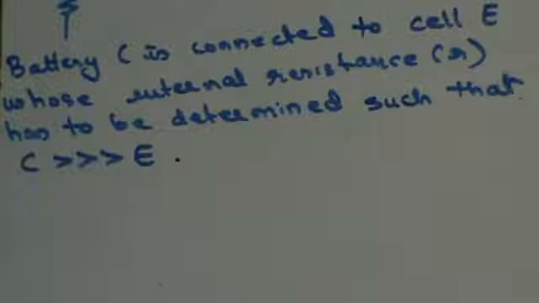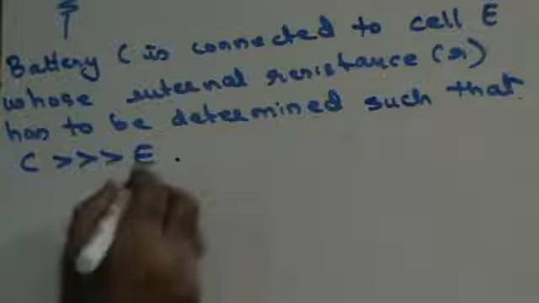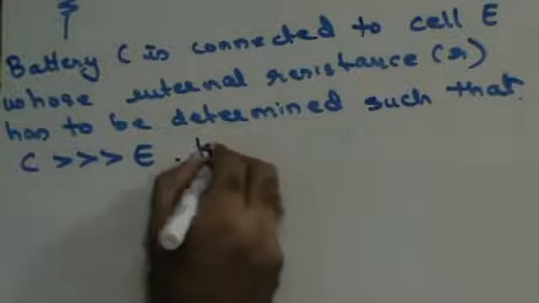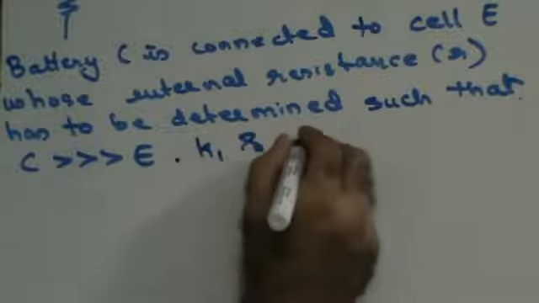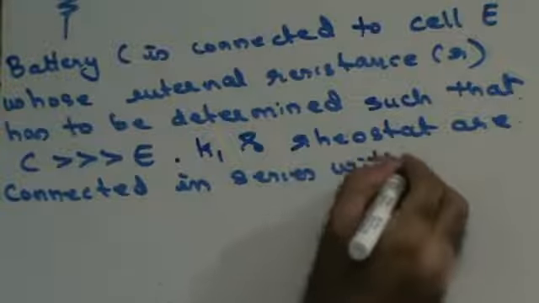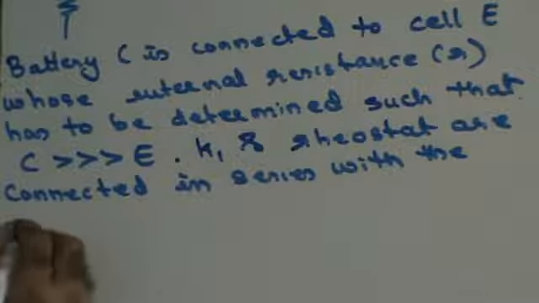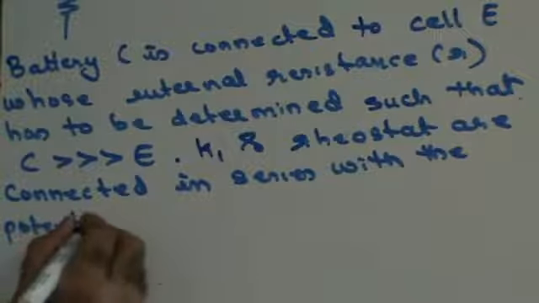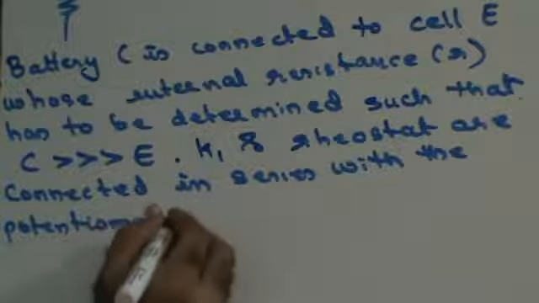Now I can say that a key K1 and a rheostat are connected in series with the potentiometer wire.